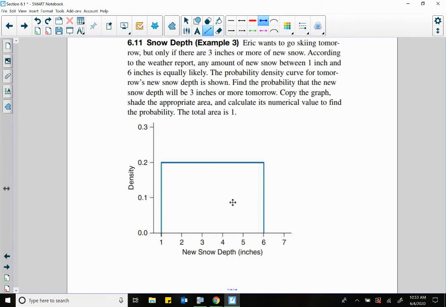From 1 to 6, it all has the same probability of happening. We have a 20% chance of 1 to 6 inches of snow. Or 0.2. The probability density curve, or you can call this a probability distribution function, because that's what this is, a PDF, for tomorrow's new snow depth is shown. Okay? This is a continuous one.